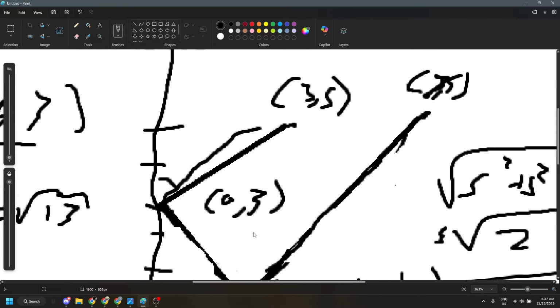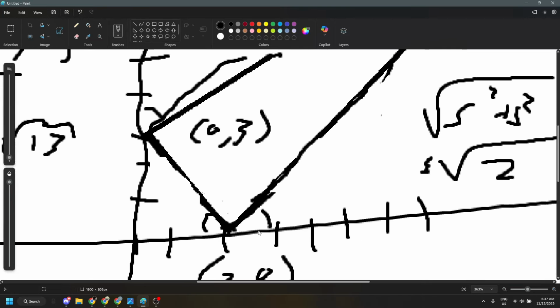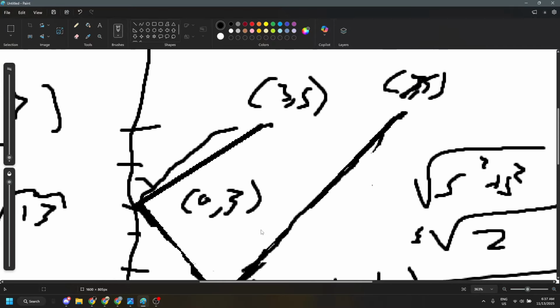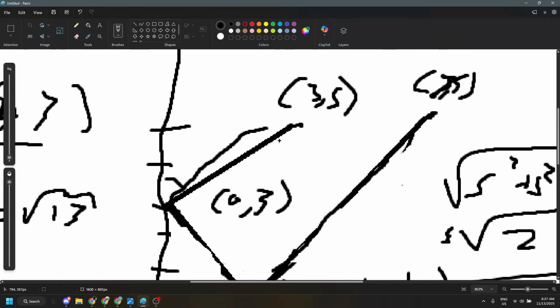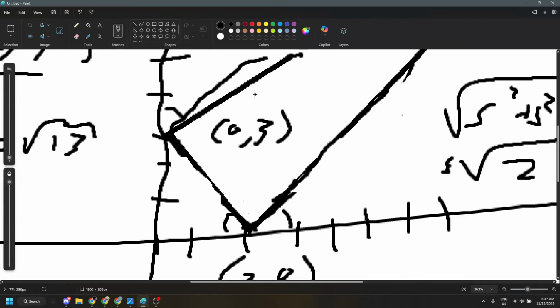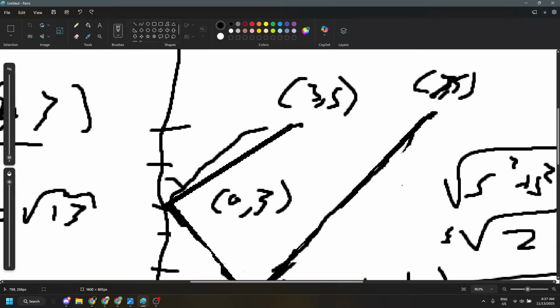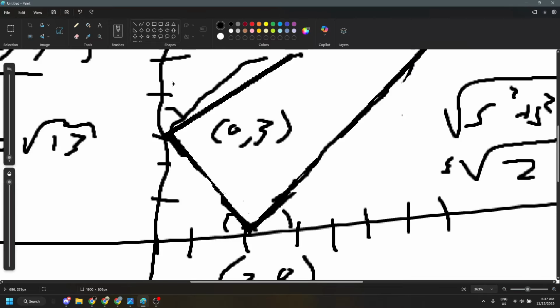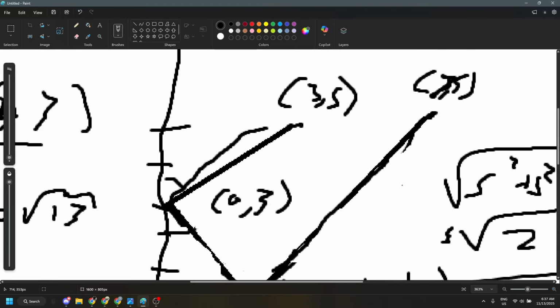So what did I do wrong? Well, if we're going from here to here, our total angle we must go must be 0. So if we're turning this way and this way and this way and this way, I think all of these have to add up to 0, or 360, I believe.